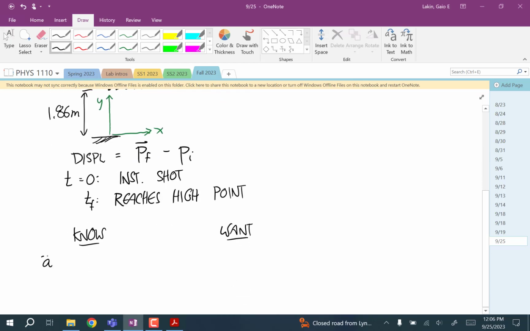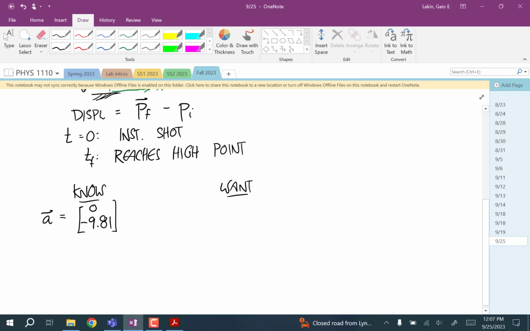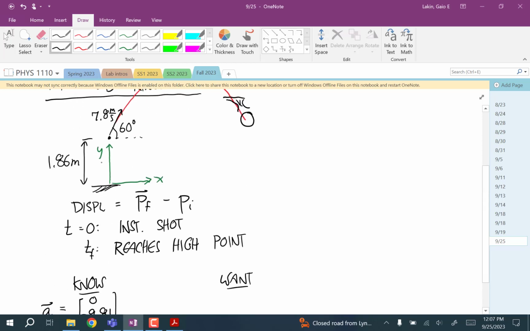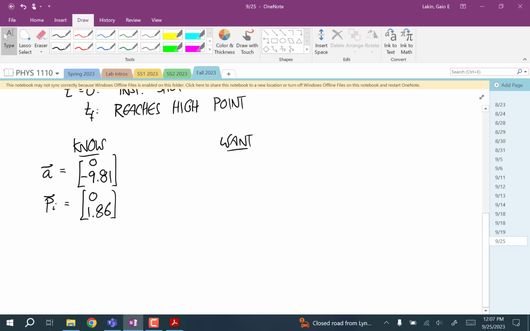We know the acceleration vector is 0, negative 9.81. The initial position is 0, 1.86, based on where I put the origin. P final, we don't know anything about yet. We're trying to get both of those. So we're trying to get this vector.